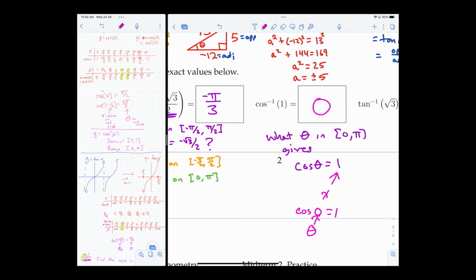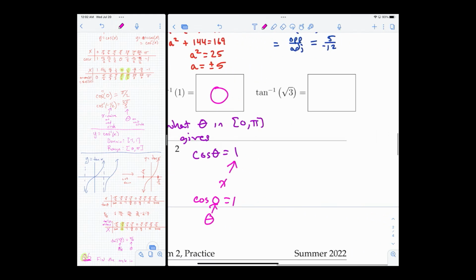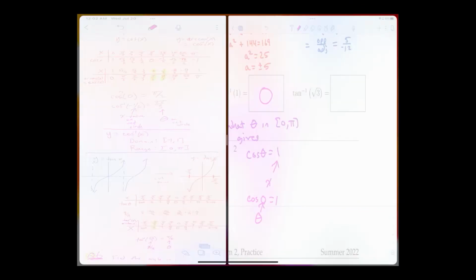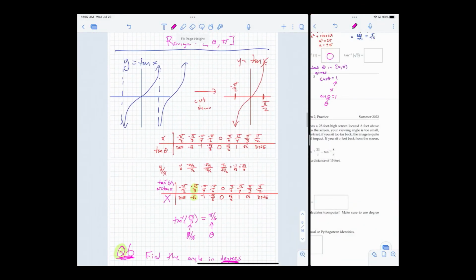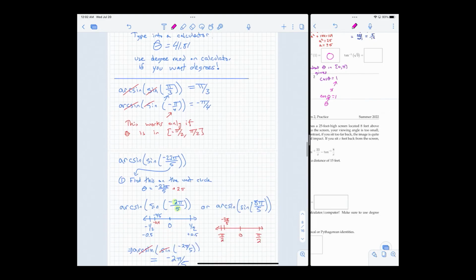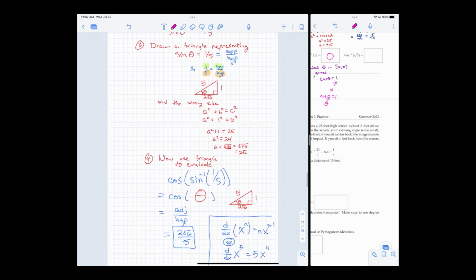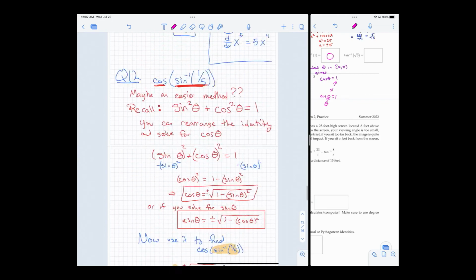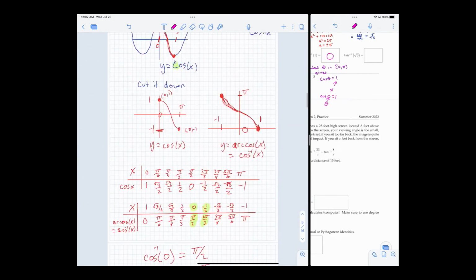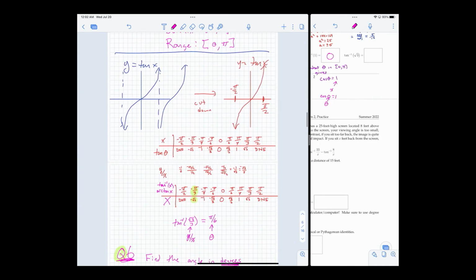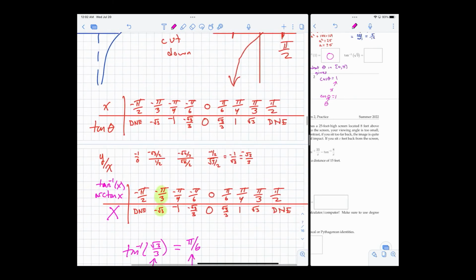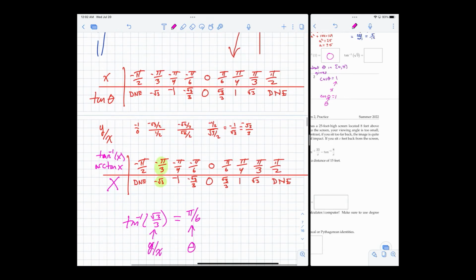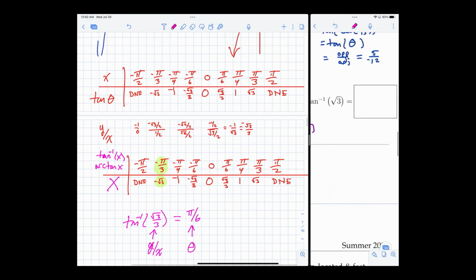0. All right, tangent inverse of square root 3, same deal. Did I do tangent inverse somewhere? No, okay, I didn't. Oh yeah, I did. Here we go. Here's a table for tangent and tangent inverse. So this is tangent inverse of root 3. So you find square root 3.